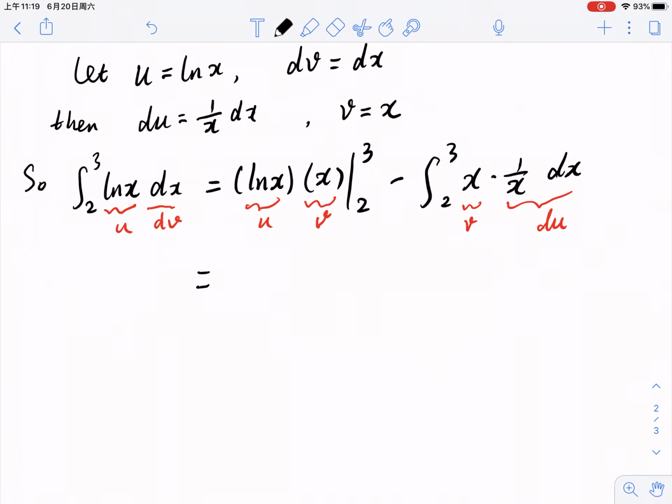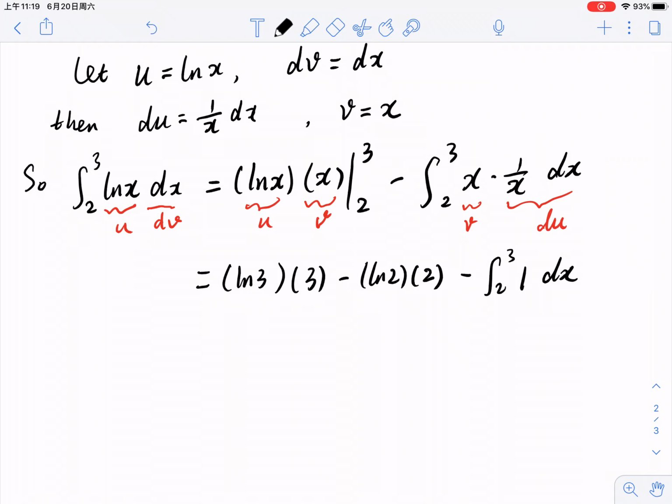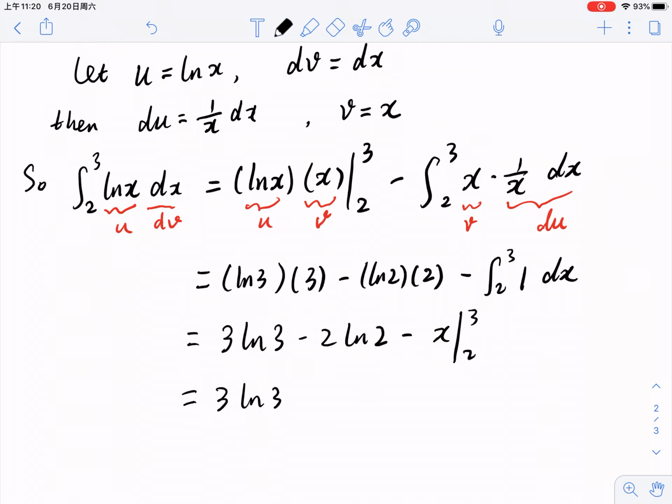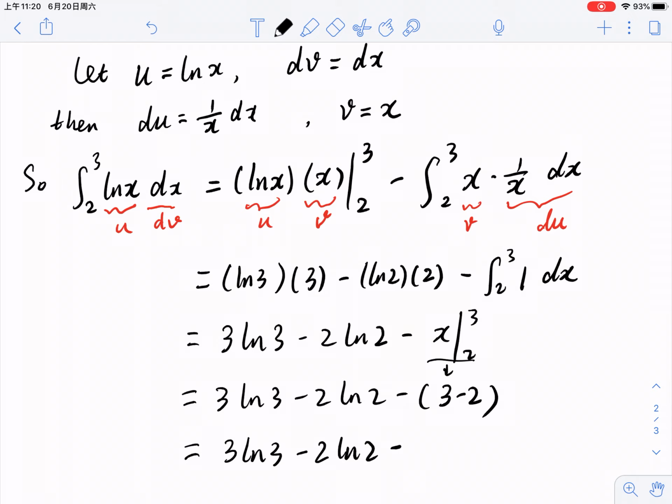So this is equal to ln 3 times 3 minus ln 2 times 2, minus the integral from 2 to 3 of 1 dx. That is 3 ln 3 minus 2 ln 2, then minus x evaluated from 2 to 3, which is 3 minus 2. So the integral is 3 ln 3 minus 2 ln 2 minus 1. Then we have finished this example.